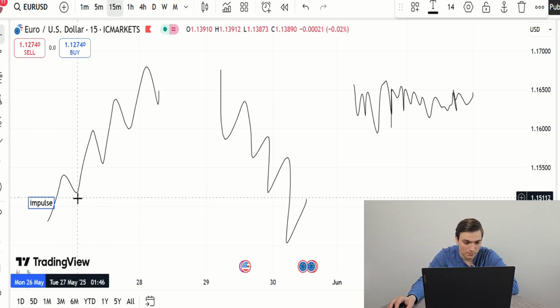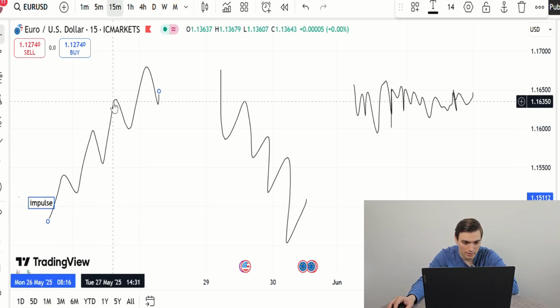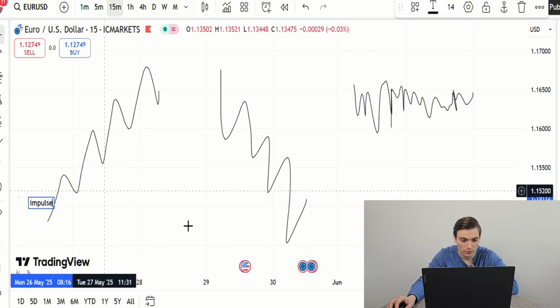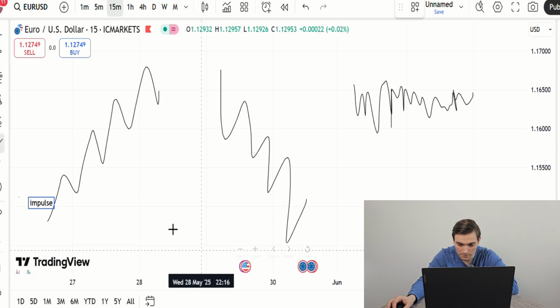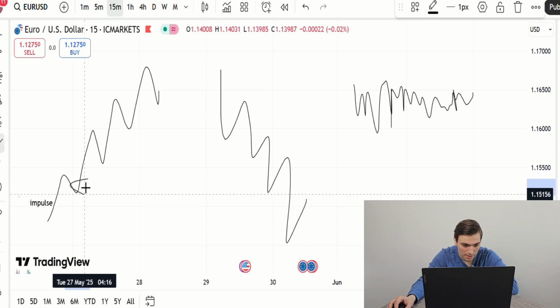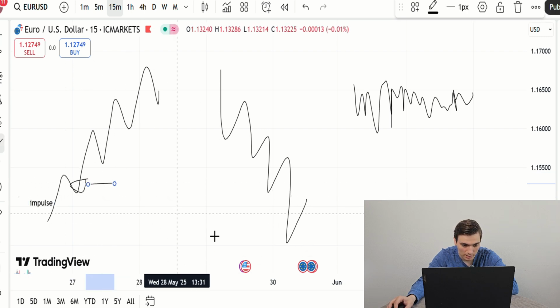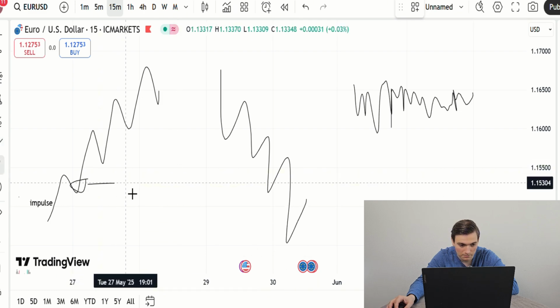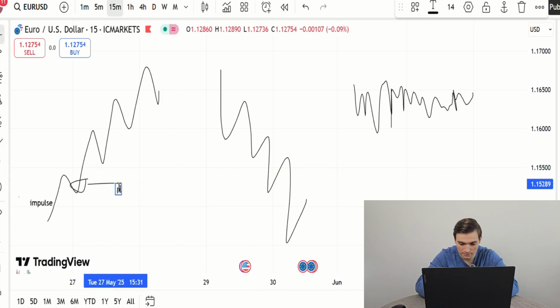And the moves down, move down. This is called a pullback. Simple. Impulse and pullback. Every trend has the impulse and the pullback, but not the sideways market. So you know, pullback.